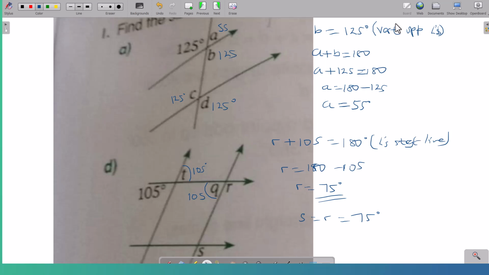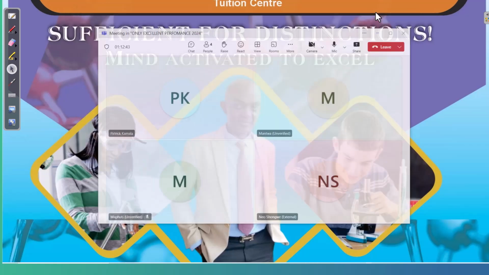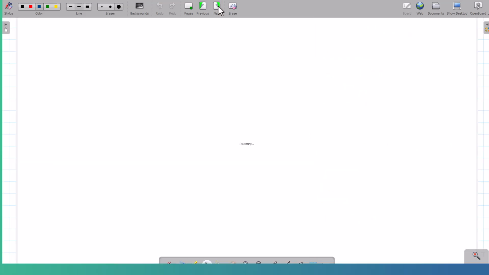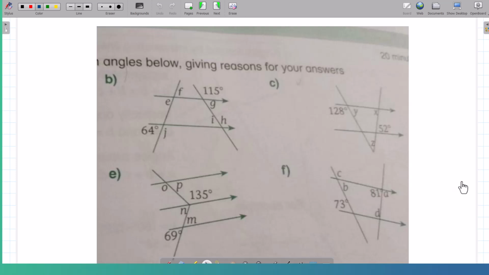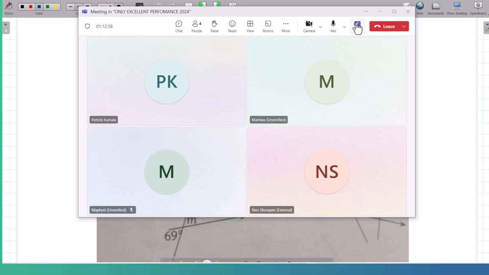Next here we have this other worksheet. You tell me if it is for you. Okay, I'm sharing it now.